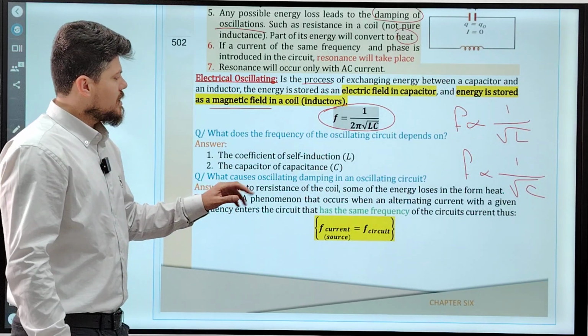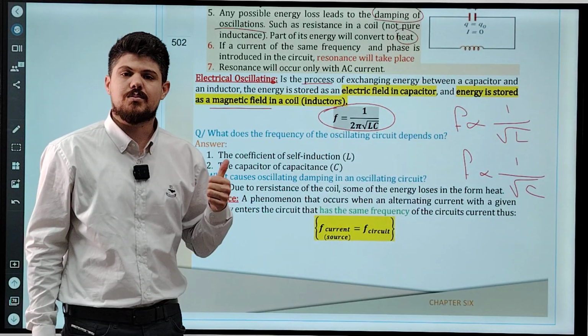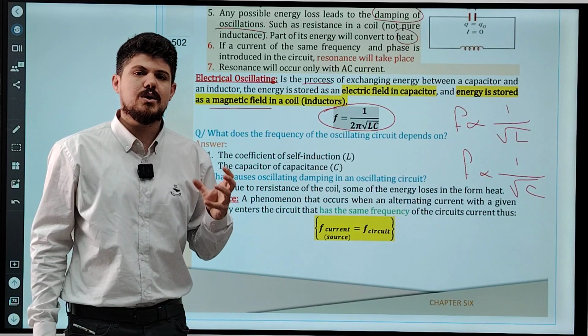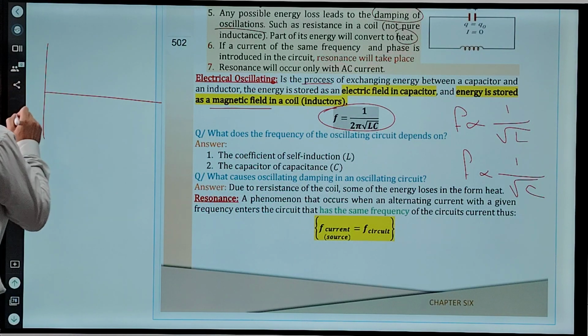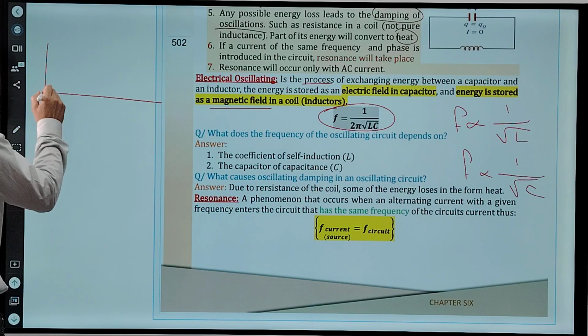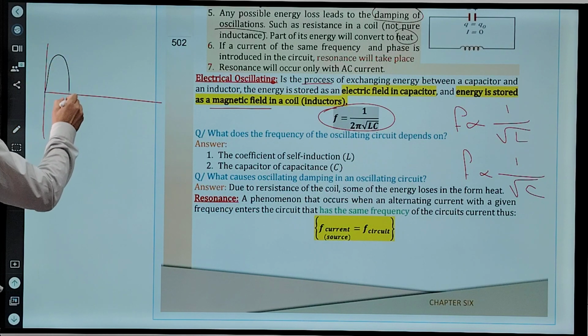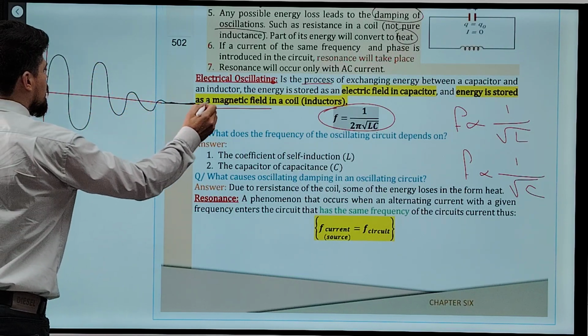So what causes damping in an oscillating circuit? Resistance. In the presence of resistance, the damping will occur. How will damping occur? The current decreases at first, from its maximum. When does this damping occur?